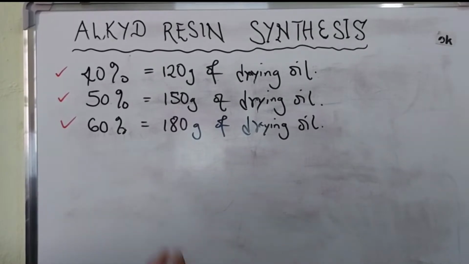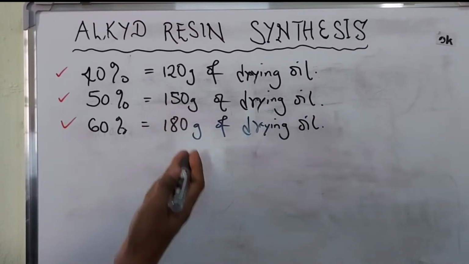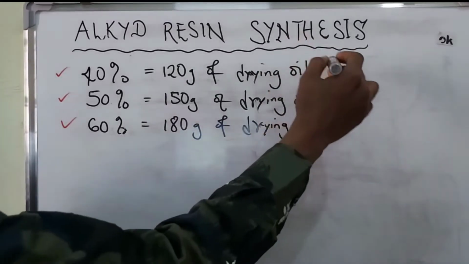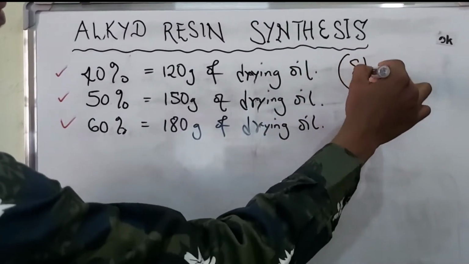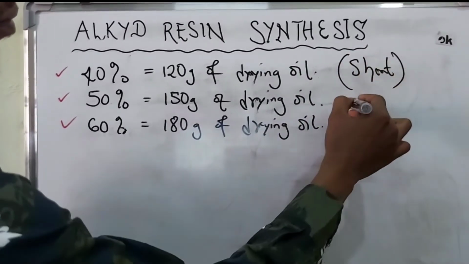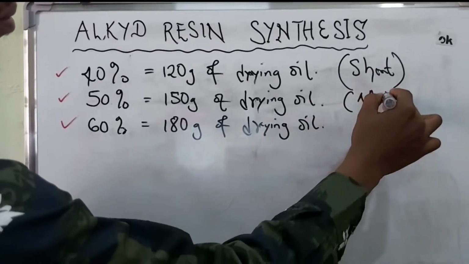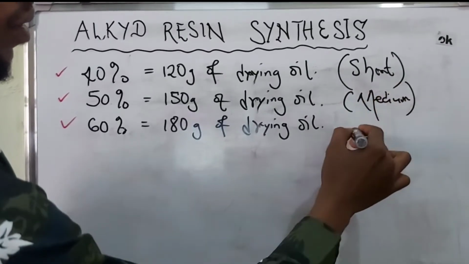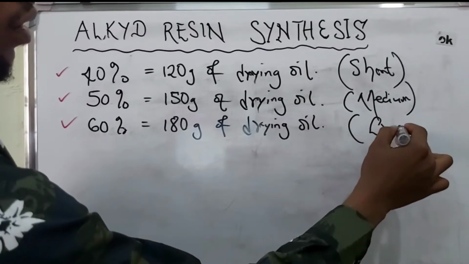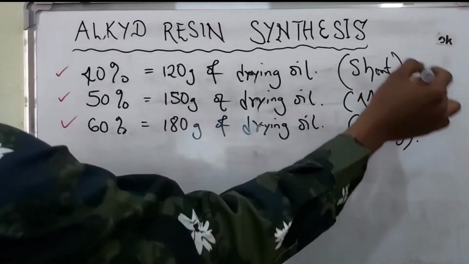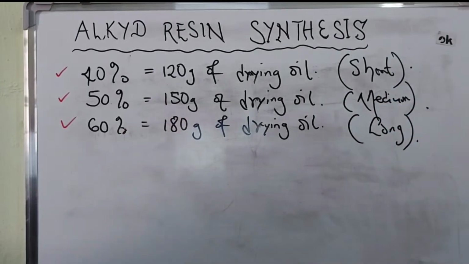Now, since we've been able to establish the various weights of drying oil that we will be measuring in the course of the synthesis, 120, 150, and 180 for the short, medium, and long alkyd resin lengths, these are the 3 we'll be preparing.